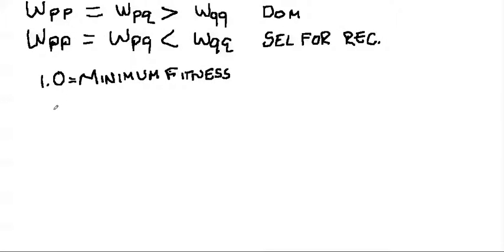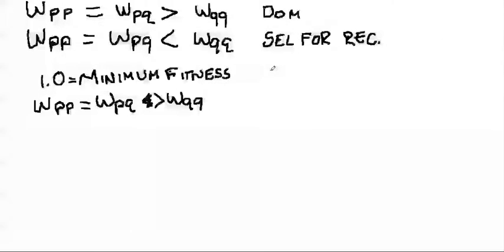So in the dominant system, we would have WPP equals WPQ is greater than WQQ. Now we can represent this by saying that there is a selection coefficient.